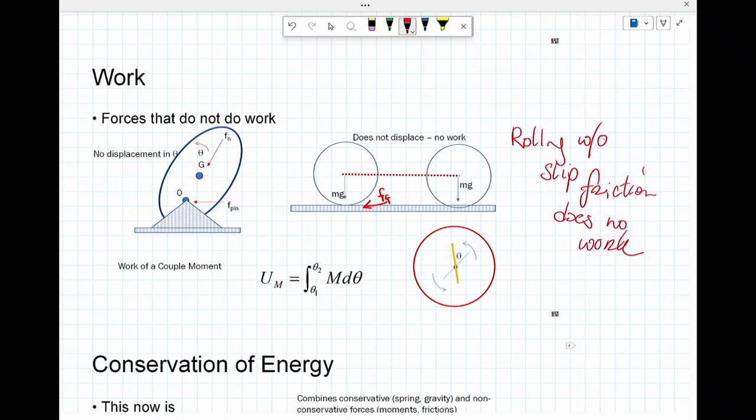Both of those don't do work either. But really, the one that's the hardest to wrap your head around, to accept, is that despite the fact that the wheel is rolling along and moving, the point of contact has zero velocity, and the friction does not displace.